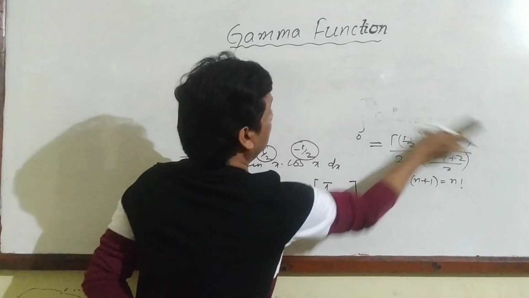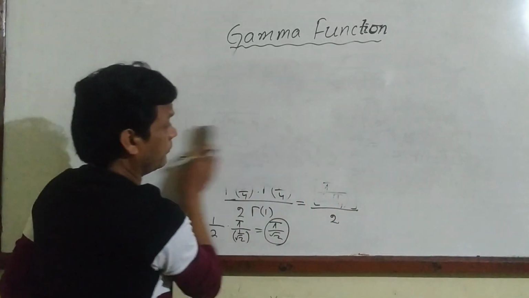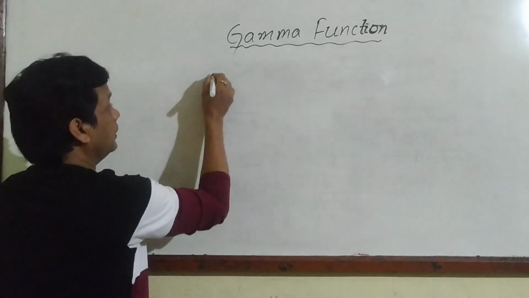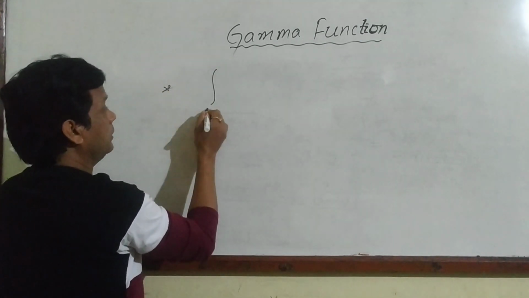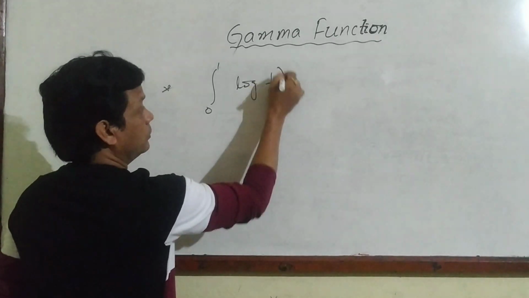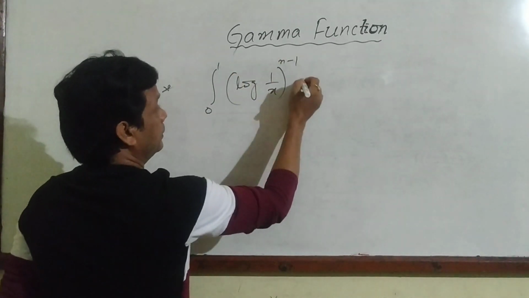Now I have another application I am telling you. One example I am giving: integral from 0 to 1 of log of 1 by x to the power n minus 1 into dx.